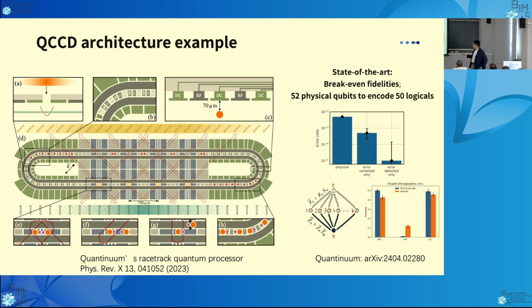And then in order to run a circuit, you have to physically move the qubit around, in this case with electric fields, which is why one needs so many electrodes, because the ions are separated by only a few microns, like 3 to 5 microns typically, so that you have to make electrodes that small in order to create a local field that one ion sees and the other ion doesn't.